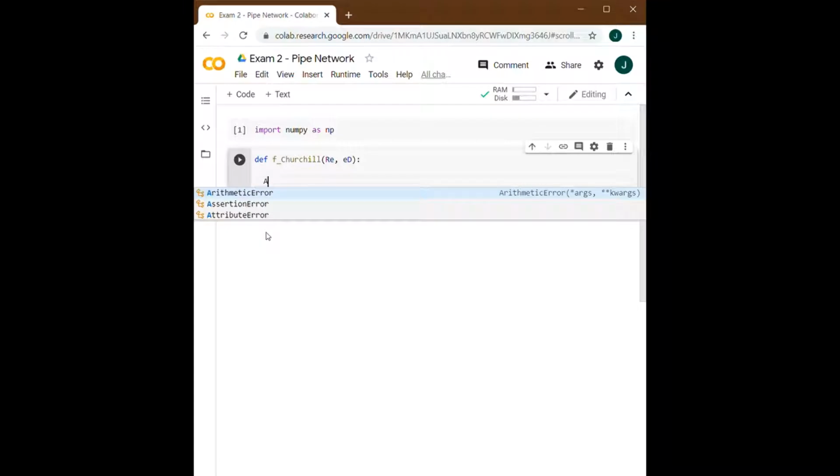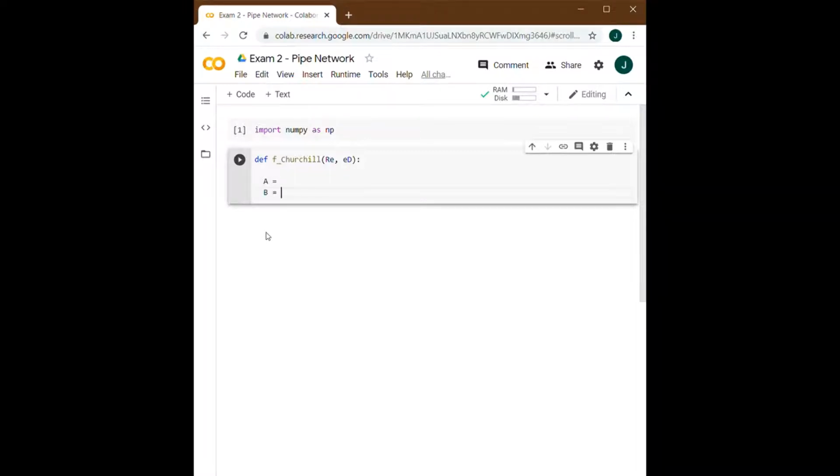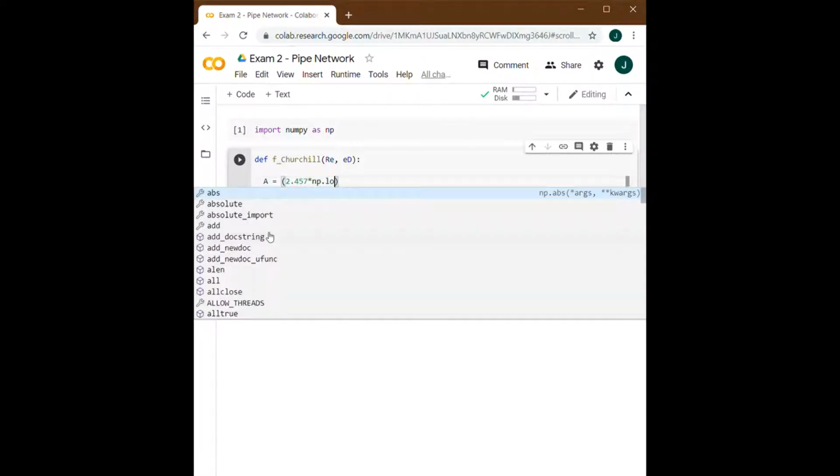A Churchill function requires two smaller functions that we're going to call A and B. Our A function is going to look like 2.457 times a logarithm, which we import from NumPy.